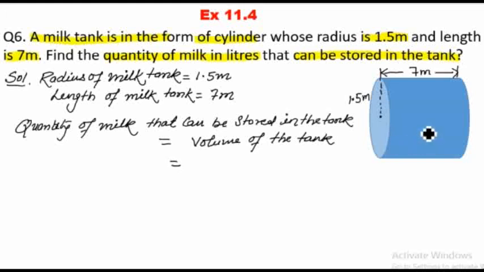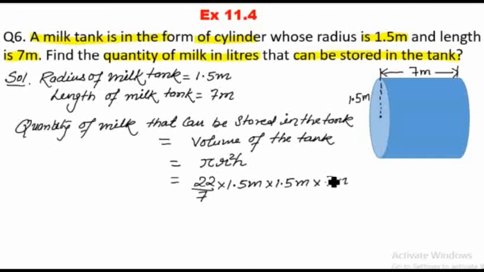So volume of the tank, this is in the shape of a cylinder, so pi r square h. So pi value 22 upon 7 into radius of the tank is 1.5 meter into 1.5 meter into height is 7 meter. So we can cancel this 7 with this 7. When we multiply this, we get 49.5 meter cube.